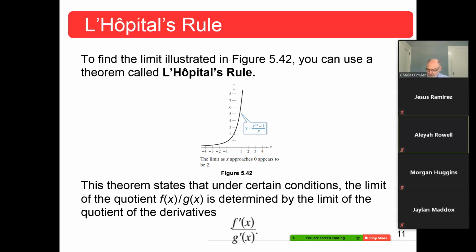It says here, L'Hopital is credited with writing the first text on differential calculus in 1696. And in that text, he wrote something that he learned, and he acknowledged that it came from John Bernoulli. But that was L'Hopital's rule.